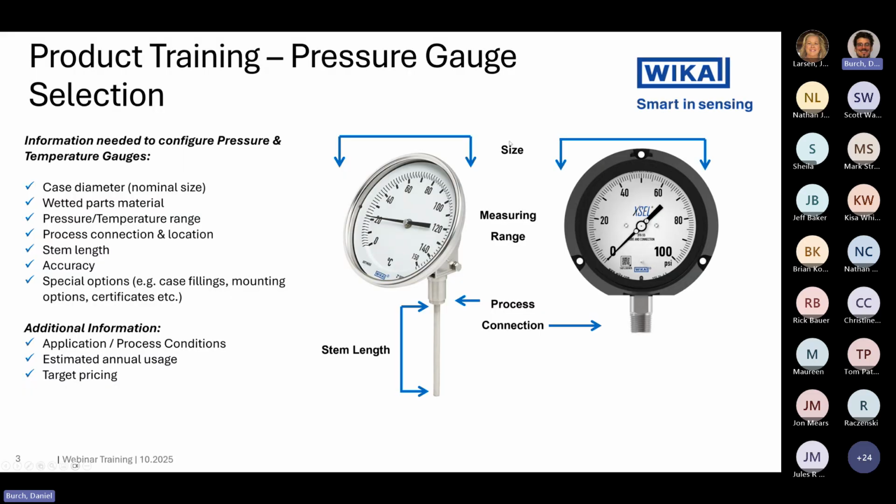Before I get started going over this slide, the way I would equate selecting a gauge: there are so many different varieties of gauges, different sizes, different configurations, whether on the temperature side or the pressure side. Think of it when you go into somewhere like Advance Auto Parts, or even online, looking for a particular headlight replacement bulb.